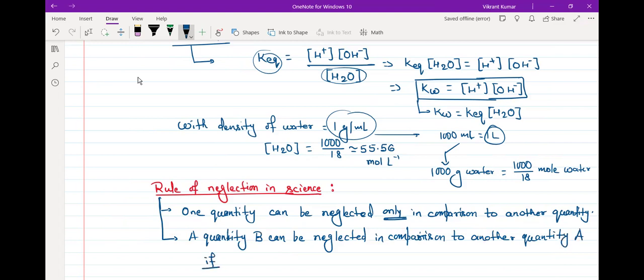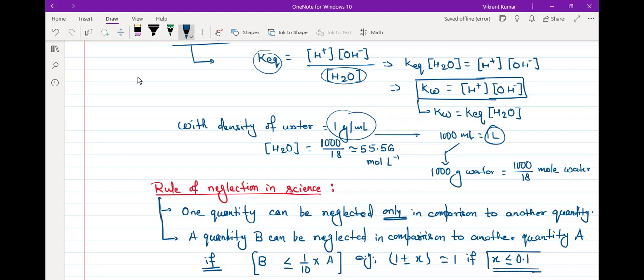if b is less than or equal to 1/10 of a. For example, 1 plus or minus x can be written as 1 if x is less than or equal to 0.1. Is it okay?